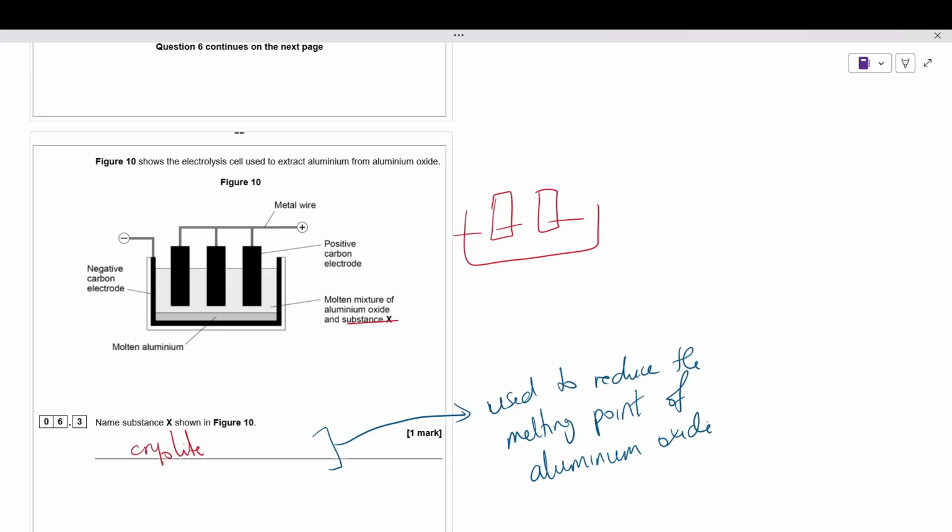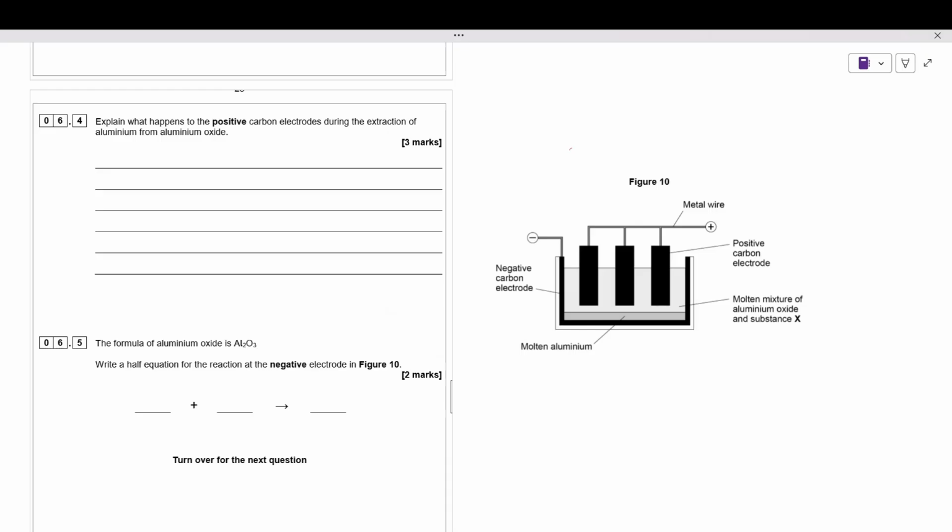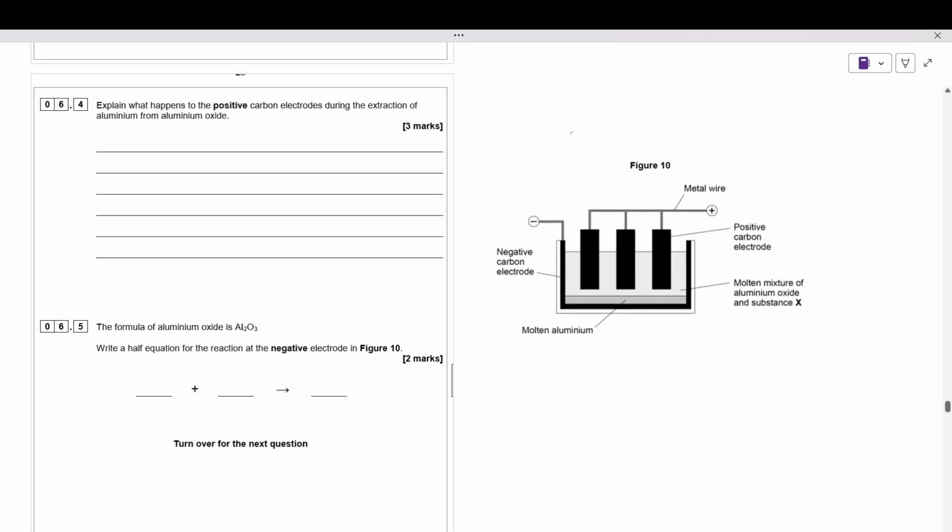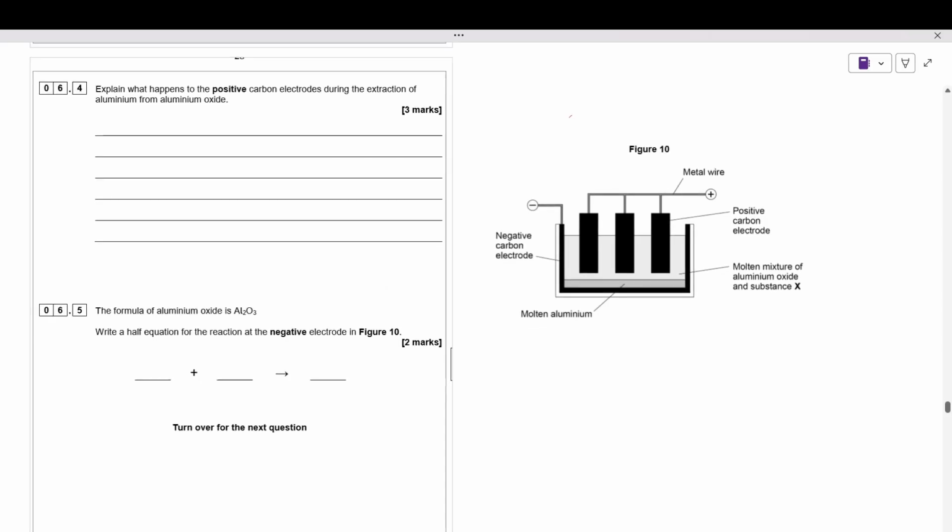Okay, let's carry on. Question 6.4 looks at us explaining what happens to a positive carbon electrode during the extraction of aluminum oxide. For this, let's first write the formula for aluminum oxide, Al2O3.